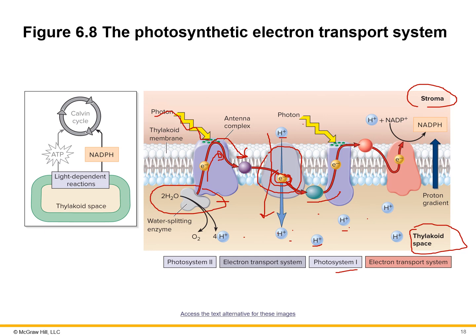Now as photons come into photosystem 1, those electrons come off. They're replaced by those from photosystem 2. Those electrons come off and enter that electron transport, but instead of making ATP, it's going to make NADPH. Okay, so again, if we just look at this, I'm going to get rid of all of this.